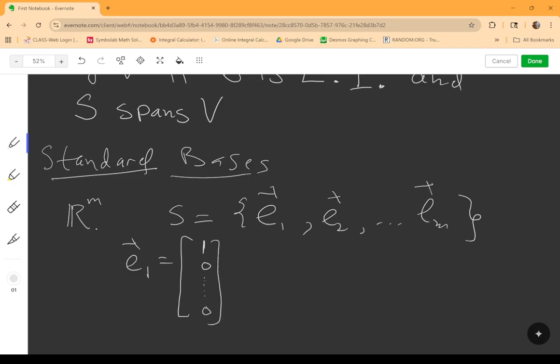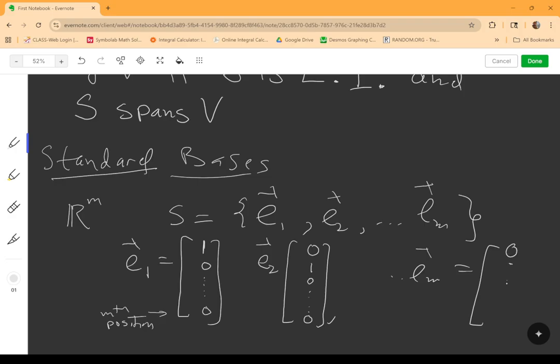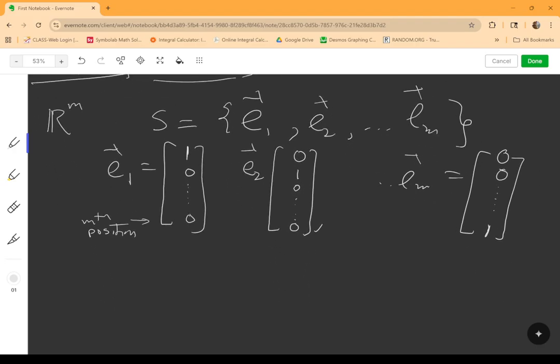Since we're dealing with R^m, the last one has its 1 in the mth position. e2 looks like this, etc., till we get to e_m, which looks like that. So that is our standard basis.